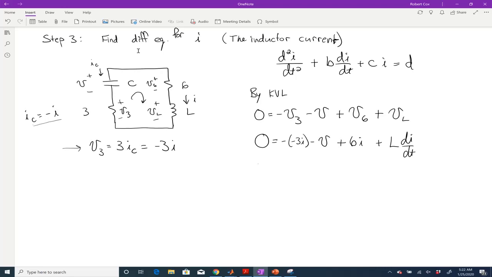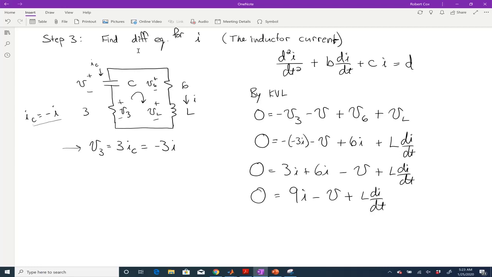So I have 0 equals 3I plus 6I minus V plus L dI/dt. That gives me 0 equals 9I minus V plus L dI/dt. Not quite there yet. I wanted a differential equation in terms of only I, and I don't have that yet.